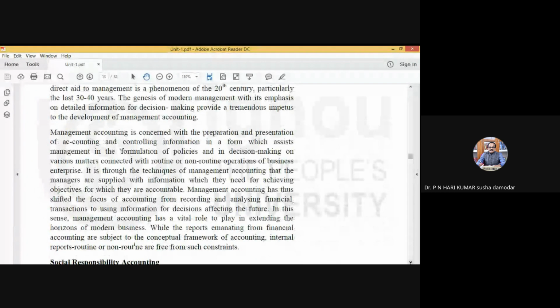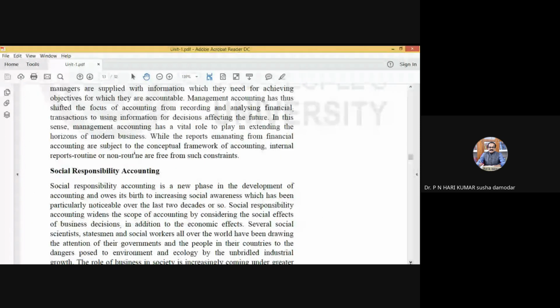Next is social responsibility accounting. Every organization has to take some social responsibility to business, social responsibility to stakeholders. Suppose I am the manager of an organization. I have to consider employees. I have to consider consumers. Definitely, the employees, consumers, bankers, creditors, and shareholders, their aims and objectives are to be fulfilled by the manager.